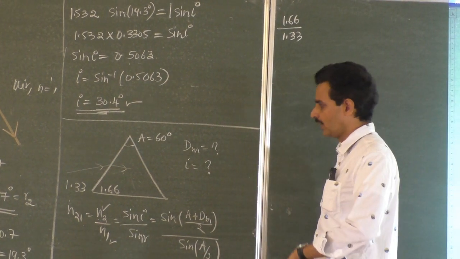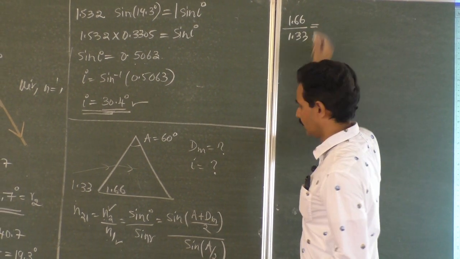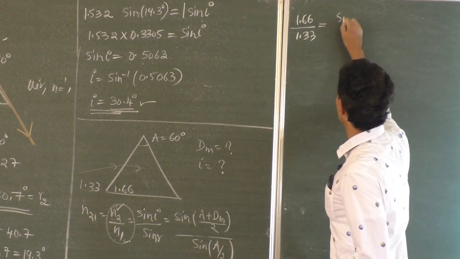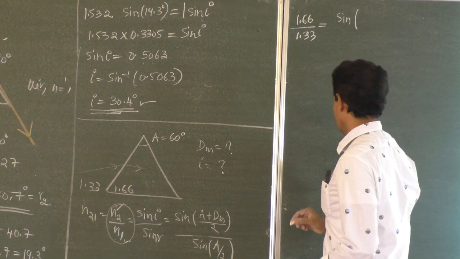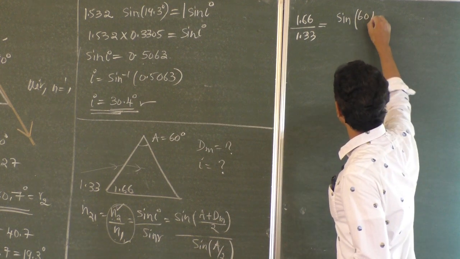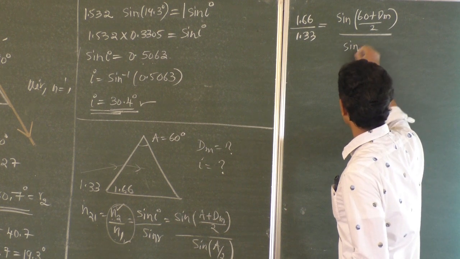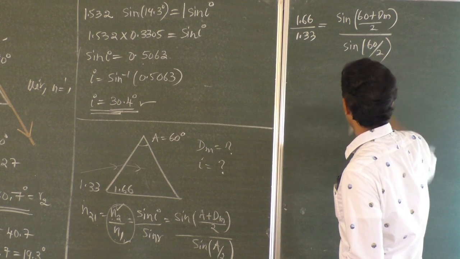Now n1 is water, so I will take this formula: 1.66 by 1.33 is equal to sin 60 plus dm by 2 by sin 60 by 2. This is very similar to one of the solutions we did just now.